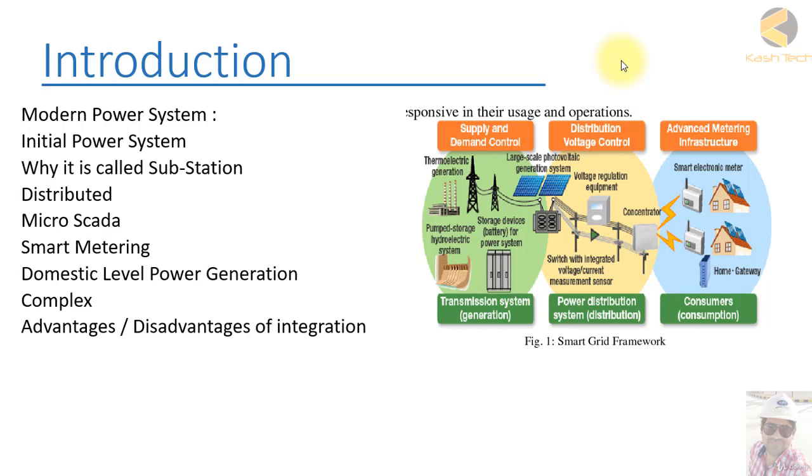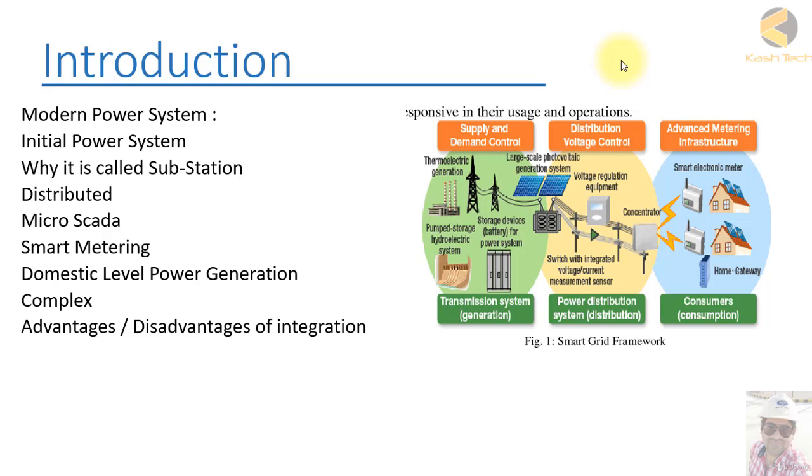But there could be some disadvantages, because if you keep on connecting different power plants, different devices and loads to a network, there is a chance that a fault on a single part of the network, which is not that important, can result in tripping of the whole network. This is one of the difficulties.